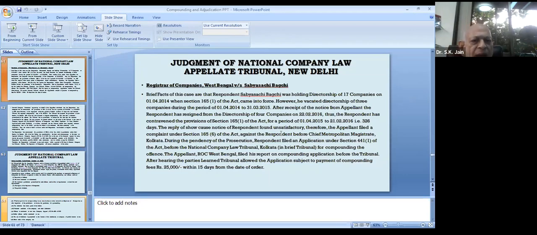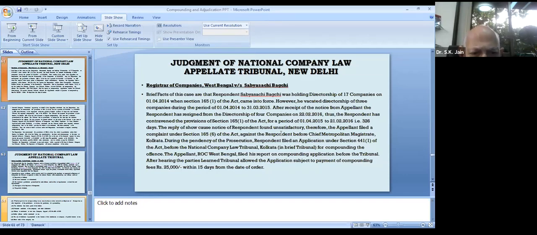The Registrar of Companies filed this complaint against the respondent, that is the director, before the Chief Metropolitan Magistrate, Kolkata. During the pendency of the prosecution, the respondent filed an application under Section 441(1) of the Act before the National Company Law Tribunal, Kolkata, for compounding the offence.